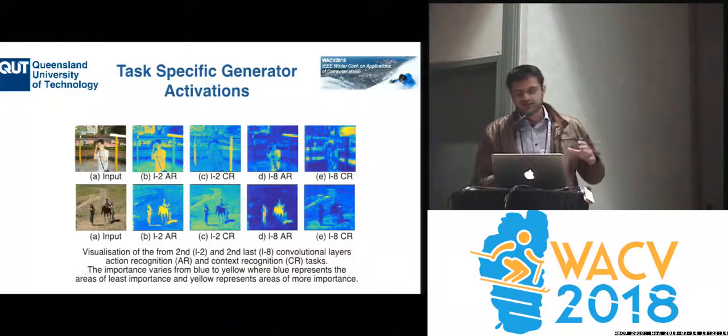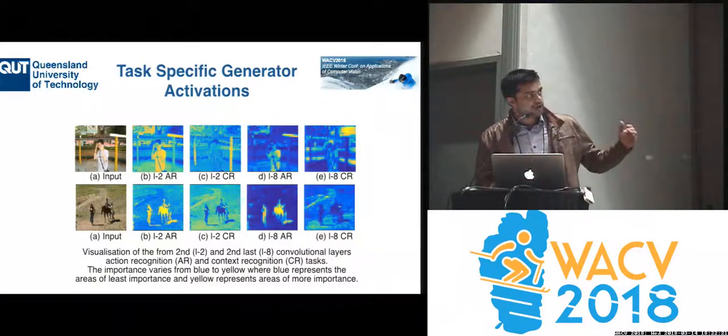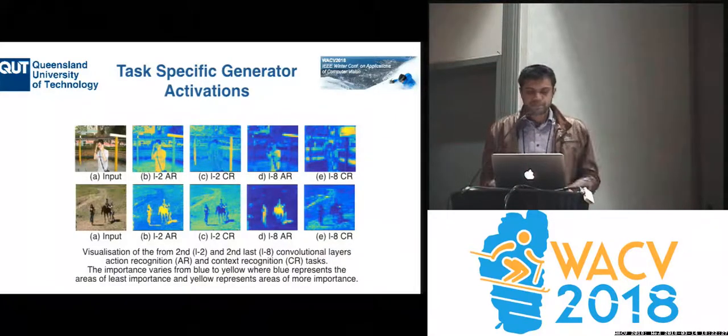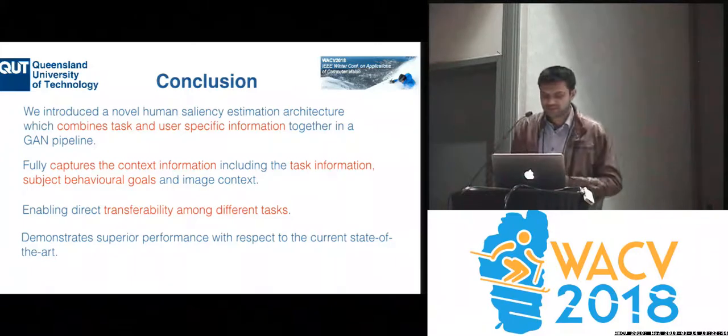As you can see, the task for action recognition is to figure out what the subject in the frame is doing, so we have more yellow colors implying that more weight is given to the subject, whereas the context recognition task is to figure out the objects in the background, so more weight is given to the background. So with these, you can understand that the proposed method is jointly learning for the two tasks rather than fine-tuning the model for different tasks.